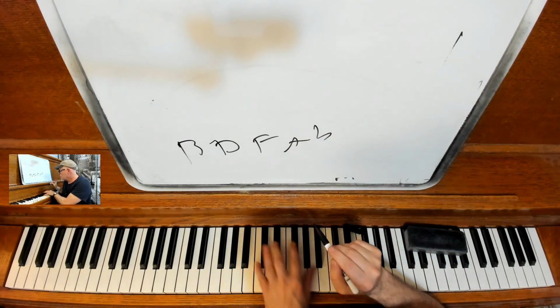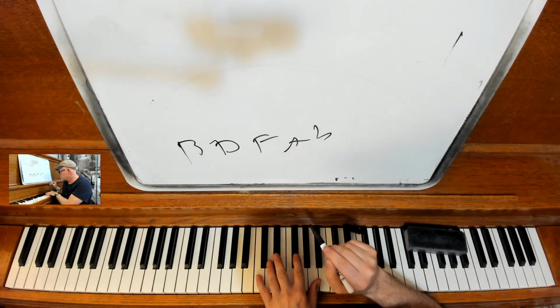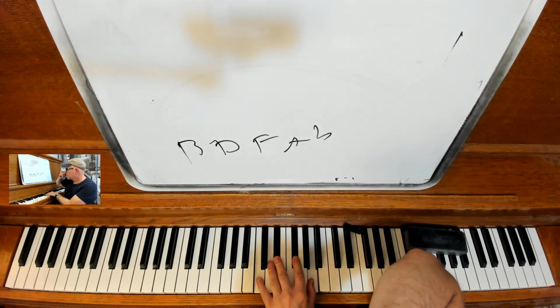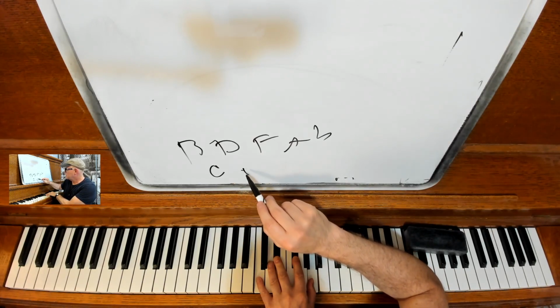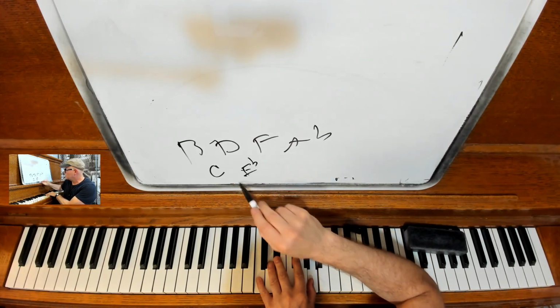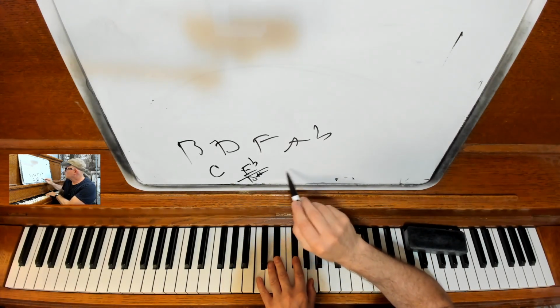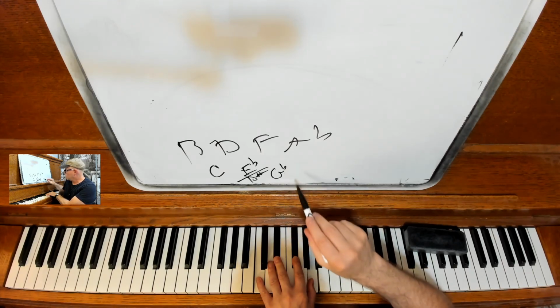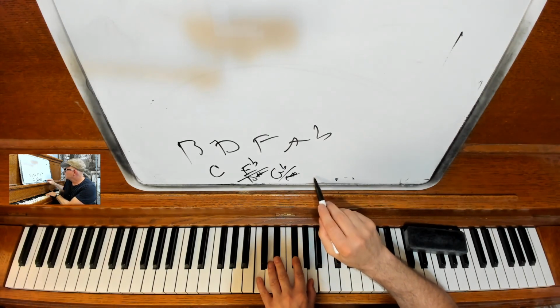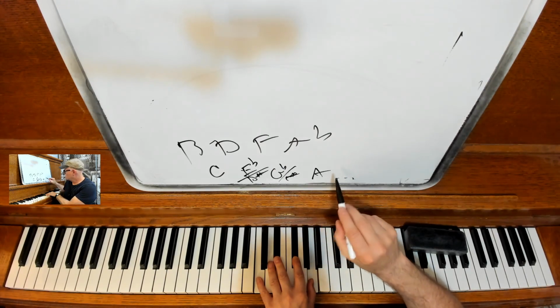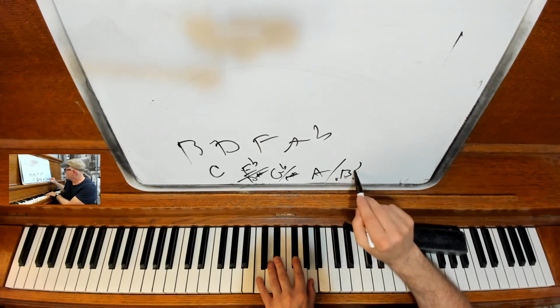And then this, C, D, E flat, which is also D sharp, G flat, which is also F sharp, and A, which is also B double flat, right?